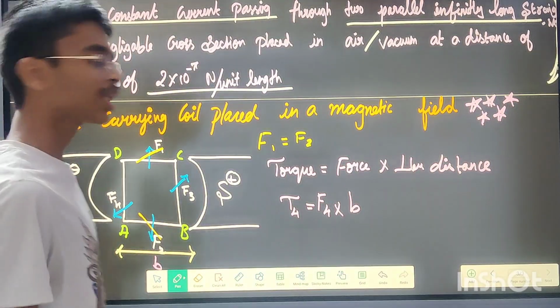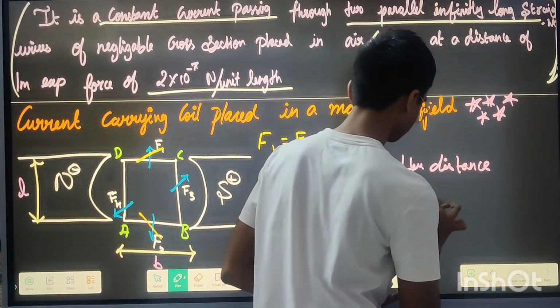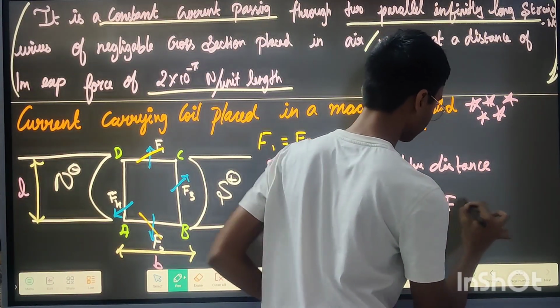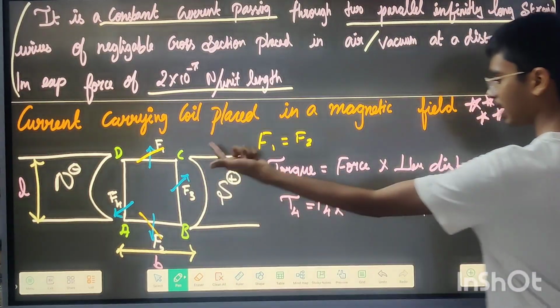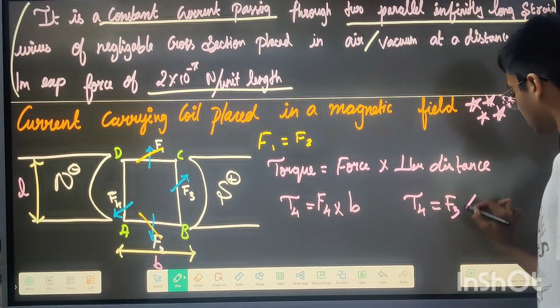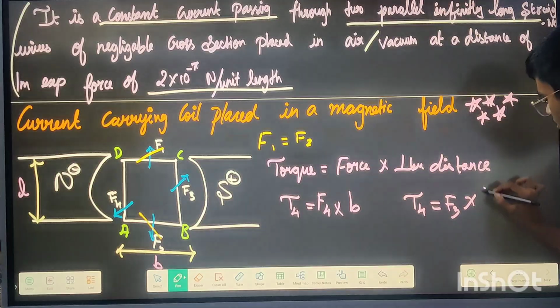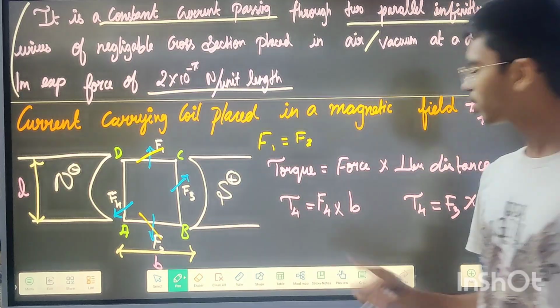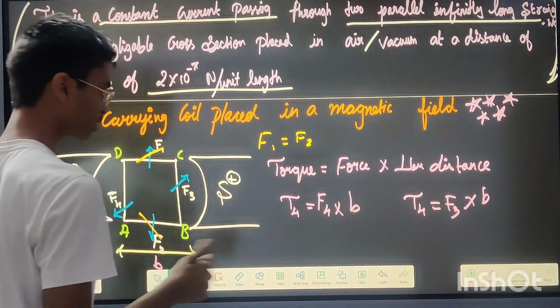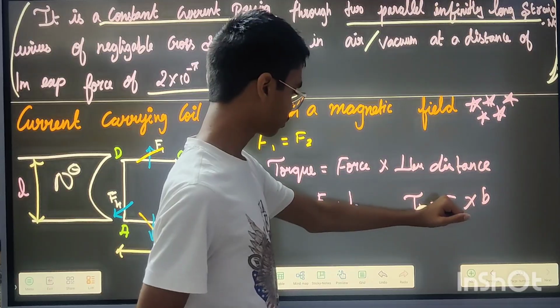Exactly the same thing is applicable for torque 3. So torque 3 is equal to F3, you can see that there is F3 like this, into B. So torque 4 is there and this is torque 3.